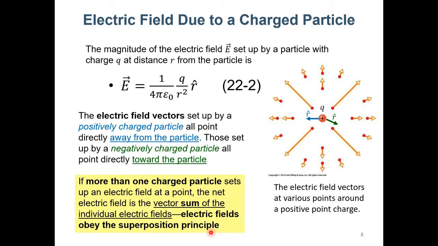So if you want to calculate the E field at this point, you can calculate the E field generated by plus Q. So it is E1, and then you can calculate the E field generated by this plus 2Q, and then you have E2, and then you add them together.